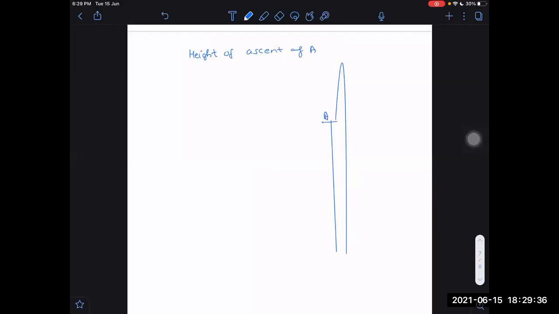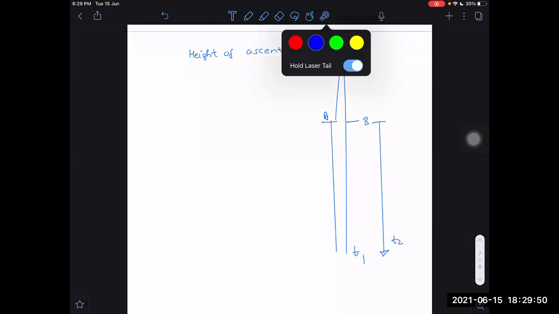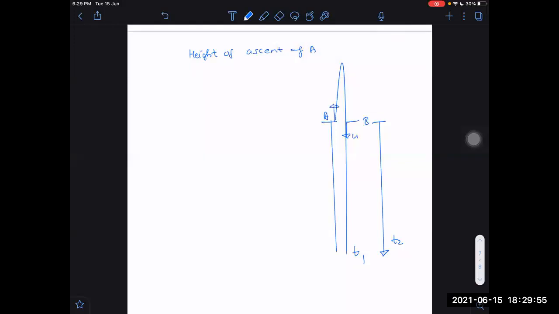Let us say it is t1 total. What is the time taken by B to go from here to here? T2.